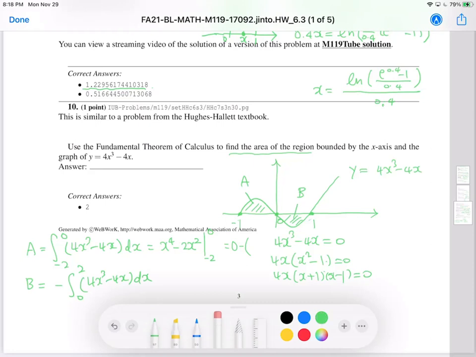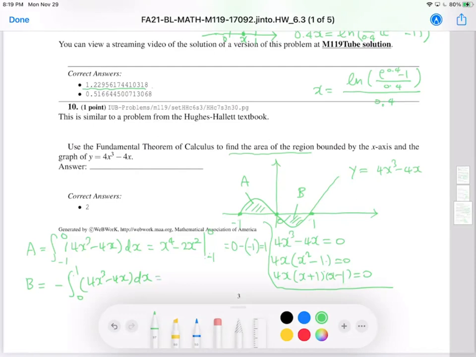So from negative 1 to 0, and 0 to 1. Sorry about that. So this is from minus 1 to 0. So 0 minus, plug in minus 1, 1 minus 2, so this is 1.